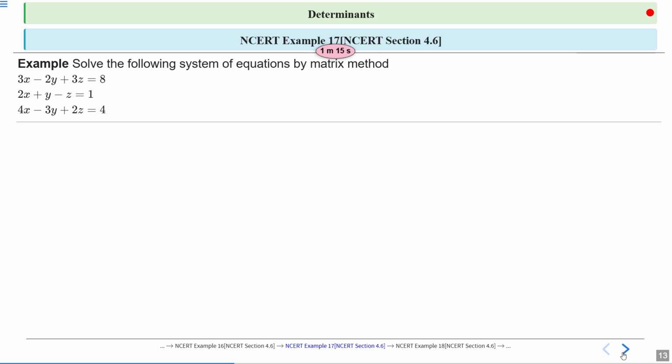At first convert it into matrix form. Write the matrix A, then calculate determinant of A, and according to the determinant value, it is either 0 or non-zero. If it is 0, there are two subcases, and if it is non-zero, then we calculate A inverse, and by using the formula X is equal to A inverse B, we find the variables. So try.